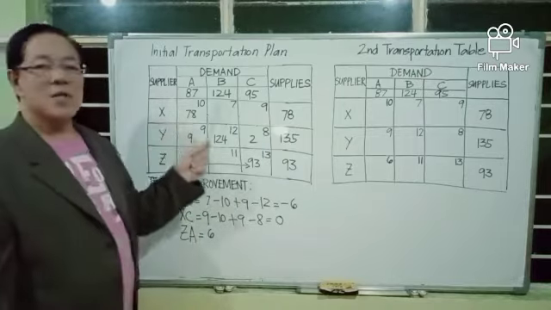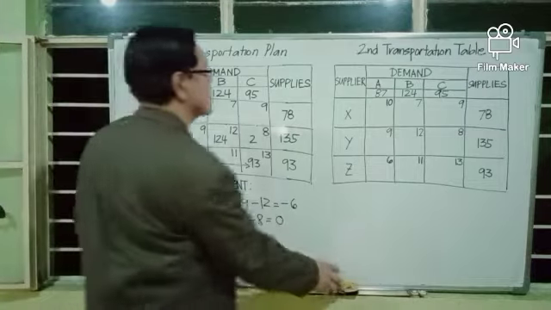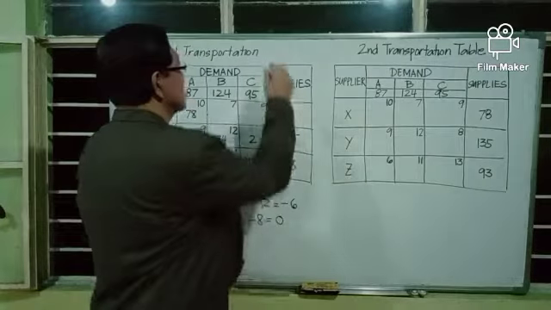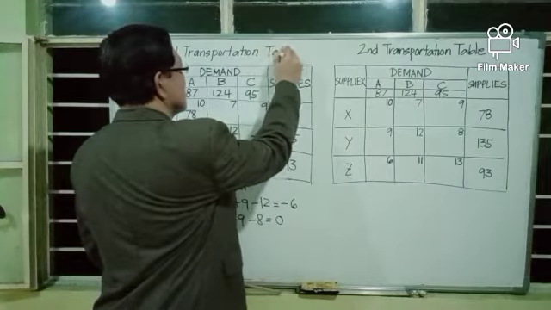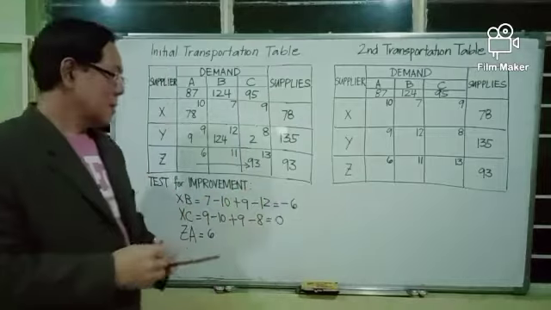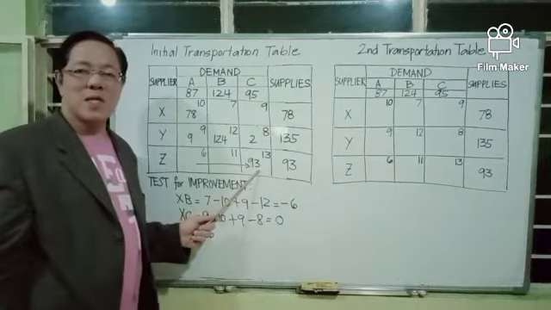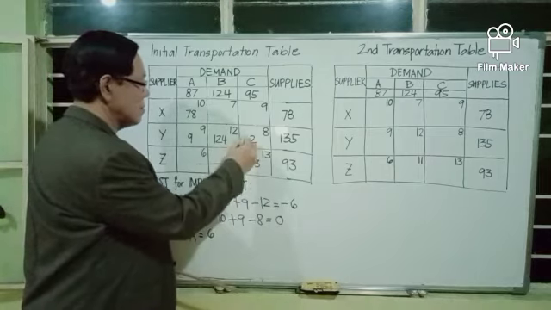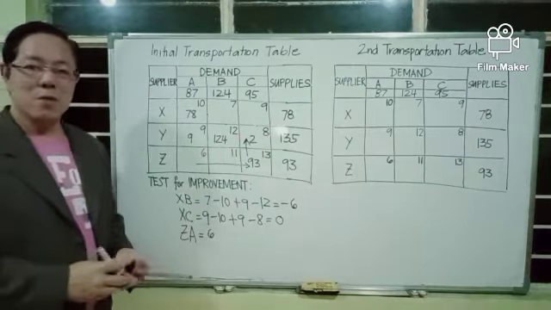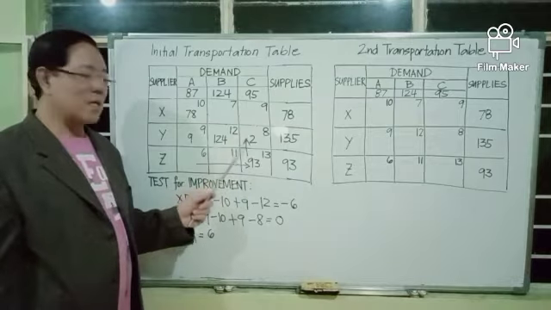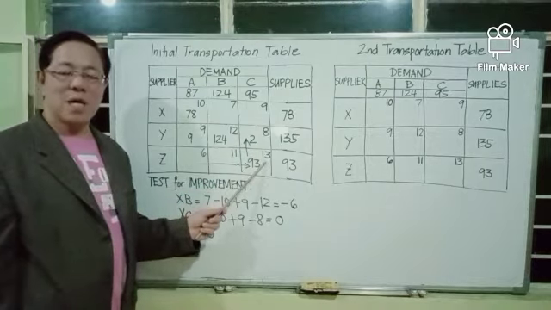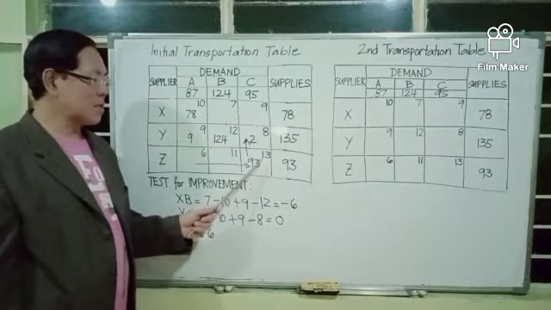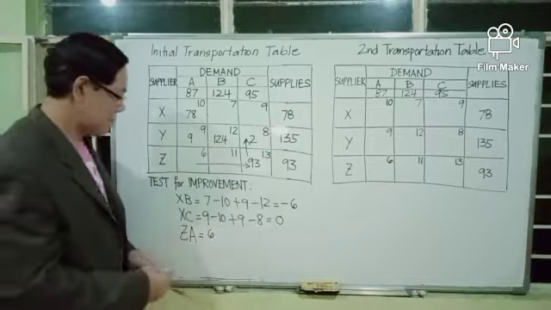Sorry, this is the initial transportation table. Again, from 93, we move vertically upward up to 2. And the cost associated with this vertical movement is the negative of the cell cost where you came from, which is this cell with 93 units. Negative 13.